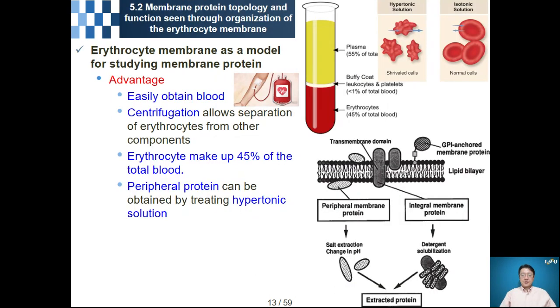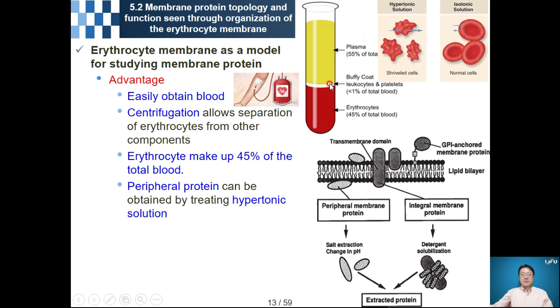Nearly all scientists used the erythrocyte membrane as a model for studying membrane proteins. Why? There are several advantages. We can easily obtain blood, which contains erythrocytes, and centrifugation allows the separation of erythrocytes from other components.